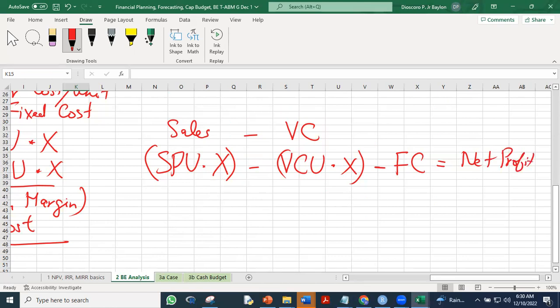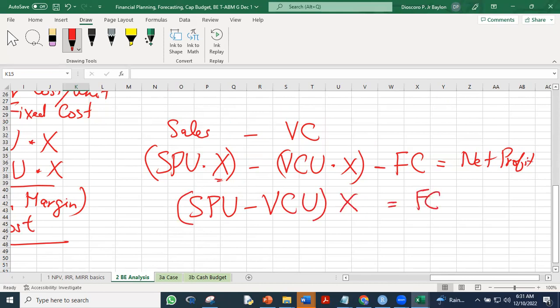Okay. So in general, if we want to compute for X, we can factor it out here. So that's selling price per unit minus variable cost per unit. Okay, let's factor out X. And then this is equal to fixed costs.